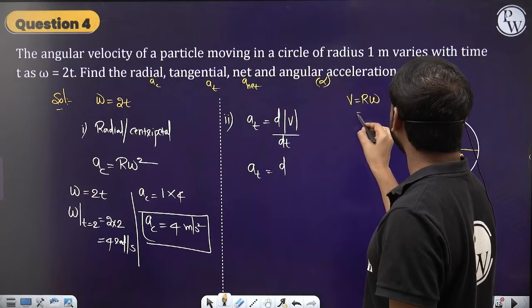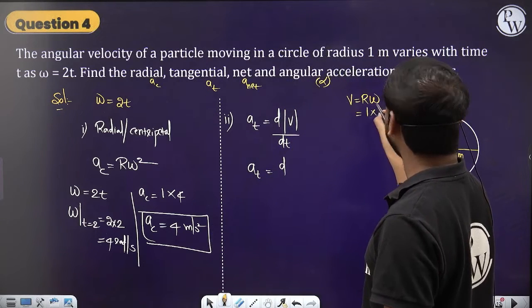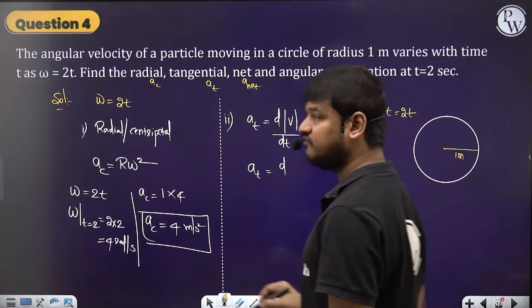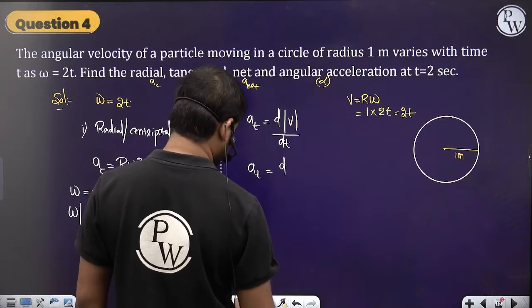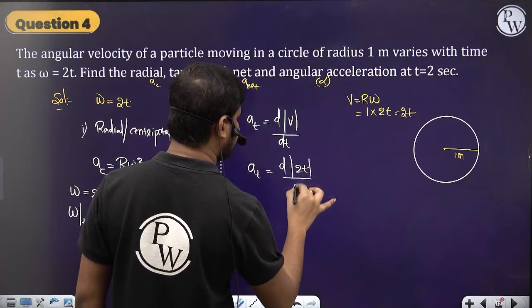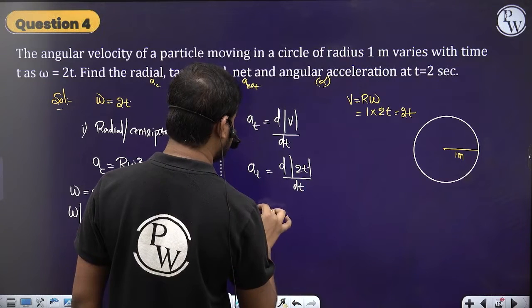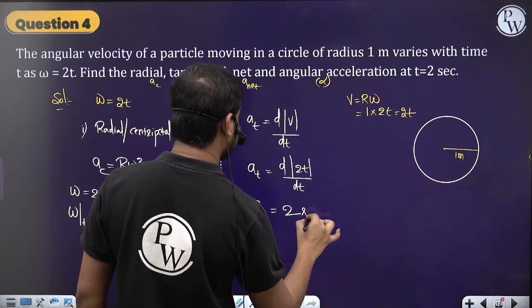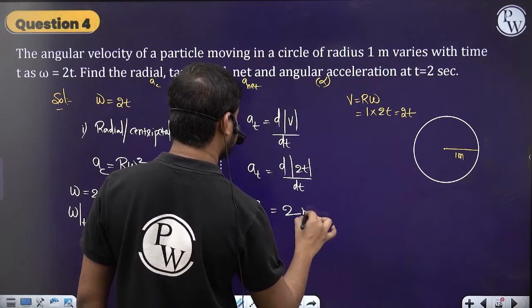What is r here? r is 1 meter and omega is 2t. Therefore v will also become 2t. So in place of v you substitute 2t in d by dt. 2 is constant, and the differentiation of t is 1. So at is equal to 2 meter per second square.